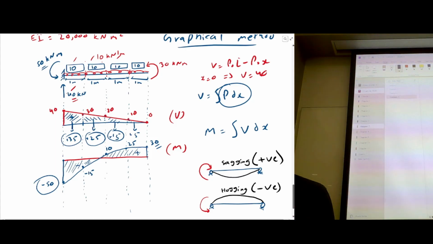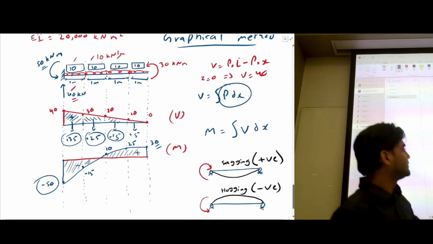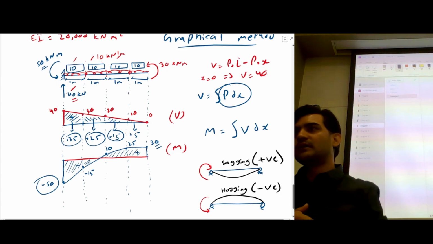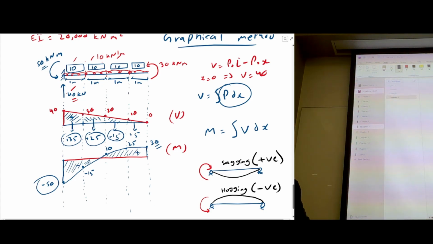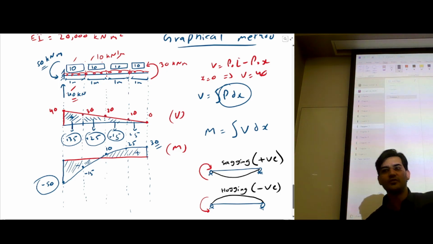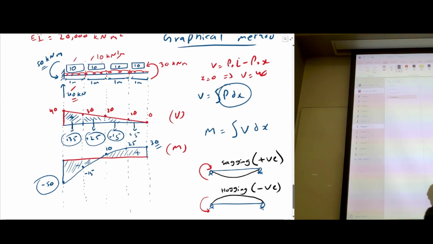It's at the very end, so if you add this, you're going to get zero, right? This is causing sagging, I would say. So that's the 30, and yes, it's already included, because this 30 is already included in the reaction.